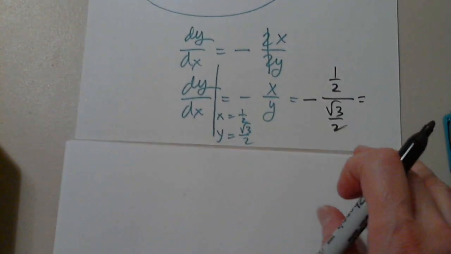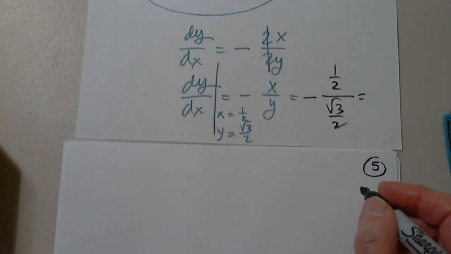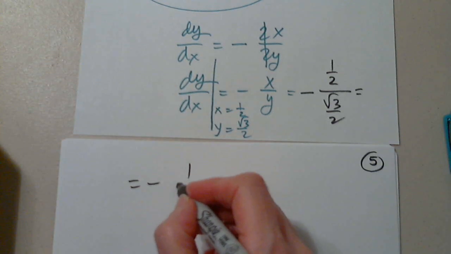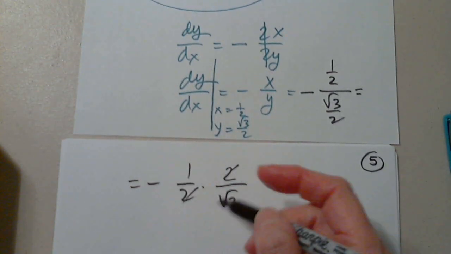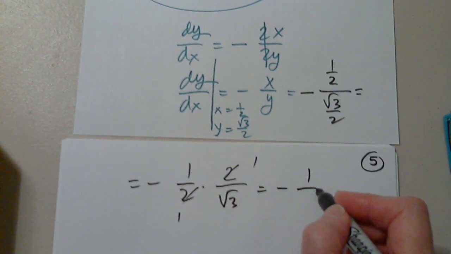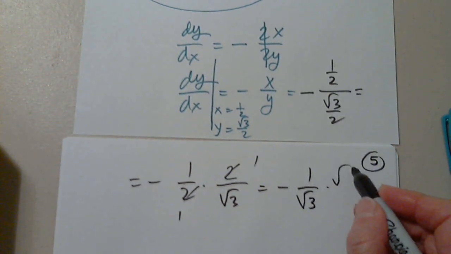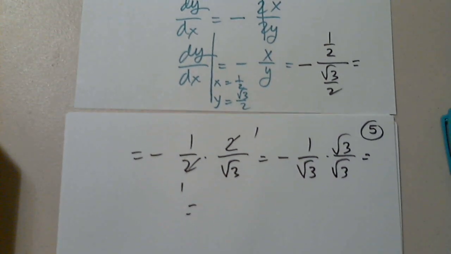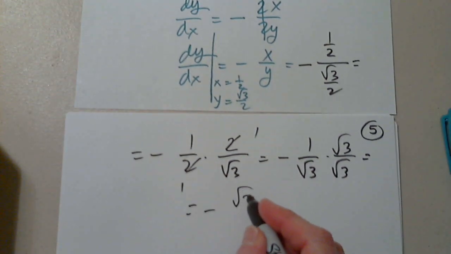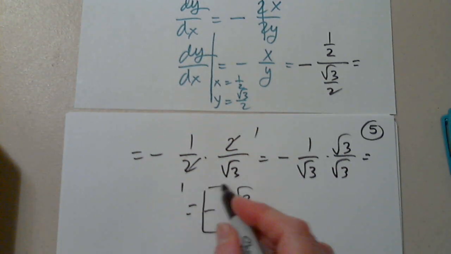Okay, page 5. Good. So this is negative 1/2 times 2 over the square root of 3. These will go away. And I get negative 1 over the square root of 3. And if you want to rationalize, as you probably at some point in math have done, you get negative the square root of 3 over 3.